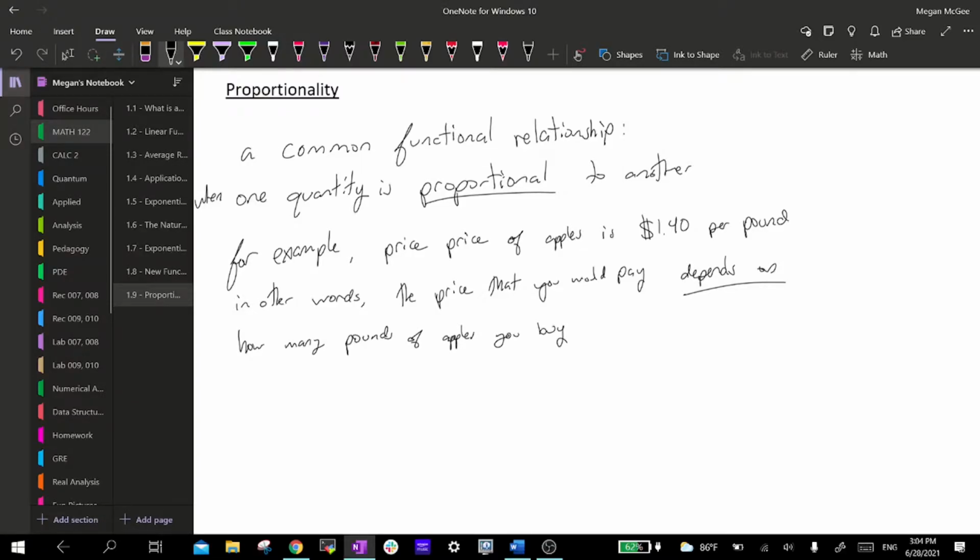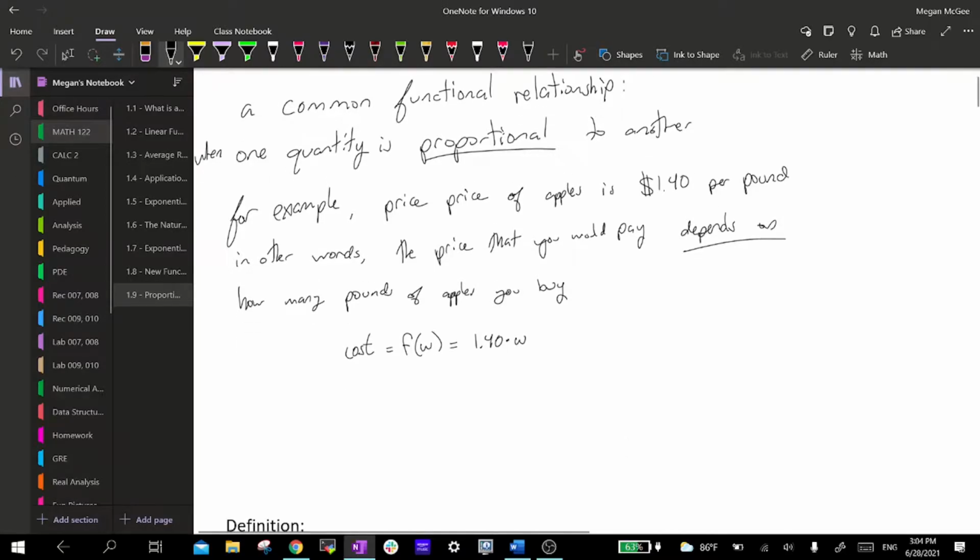Alright, so if we take the price and we say it's a function of the weight of apples, it would be $1.40 times the number of pounds of apples that you would buy. So this would be our price function or our cost function. Alright, where the cost, the total cost, maybe I'll say cost instead of price. The total cost is proportional to the weight of the apples.